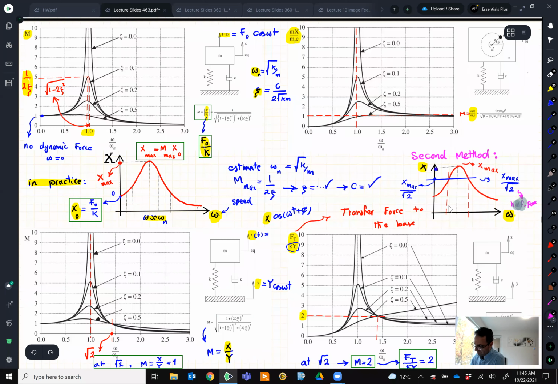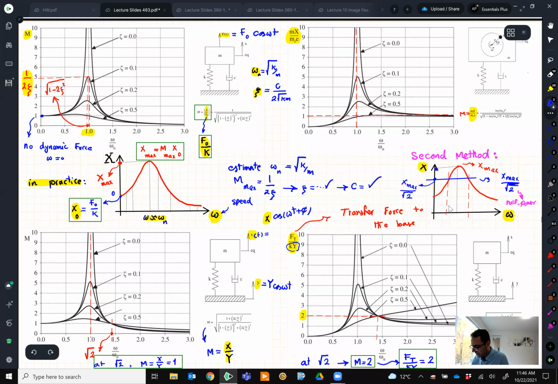So it is called half power. I know it is not half, but because in the actual formula we have a square, when they divided it by 2 and then everything is simplified and approximated, it gets to a square root of 2. So X max divided by a square root of 2 is called half power.